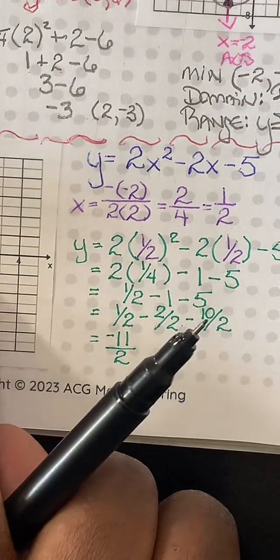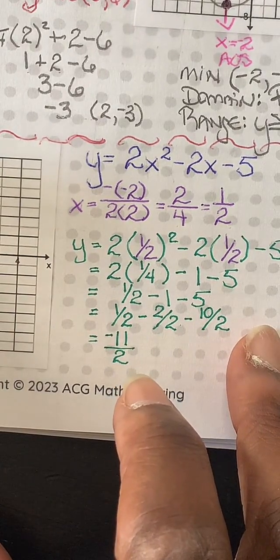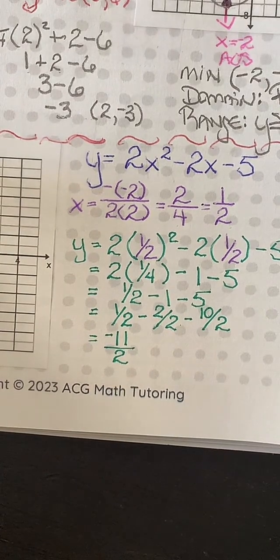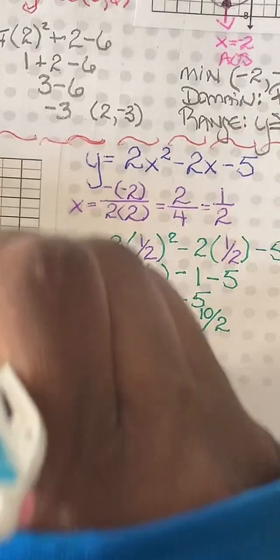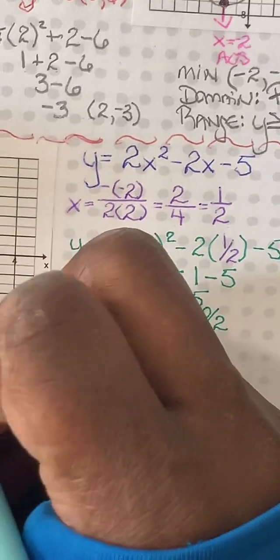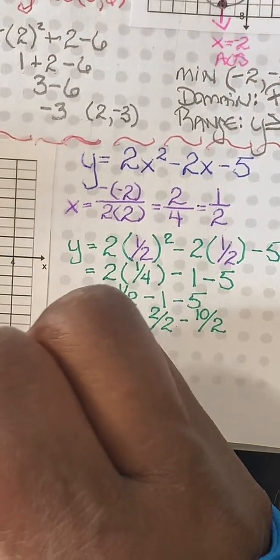Here's 1, so 1/2 got to be somewhere smack in the middle. And what did I use? I used purple. So this is my axis of symmetry. That's my x is equal to 1/2.